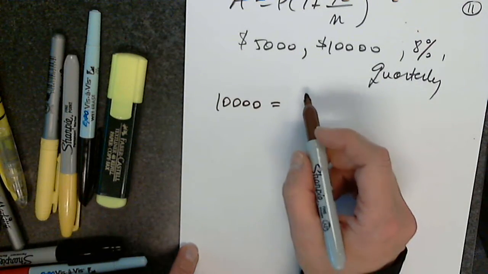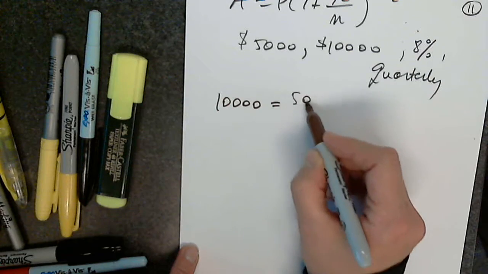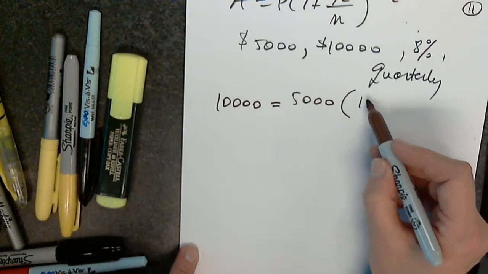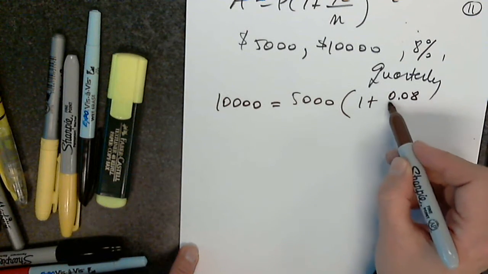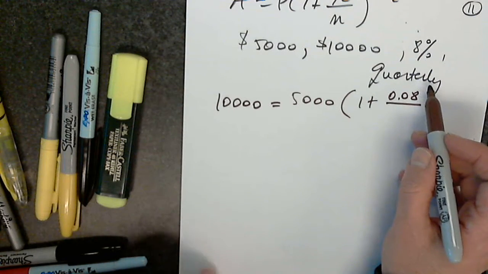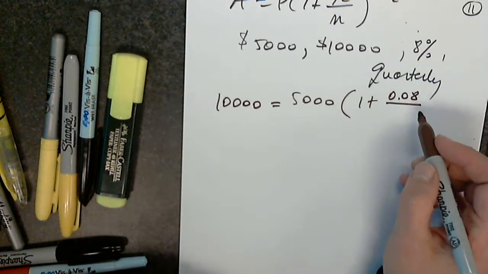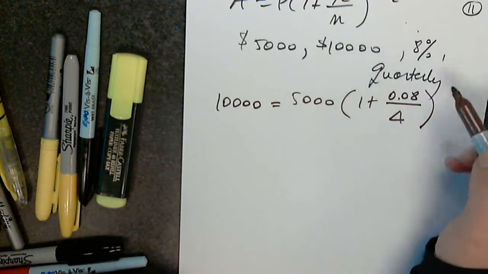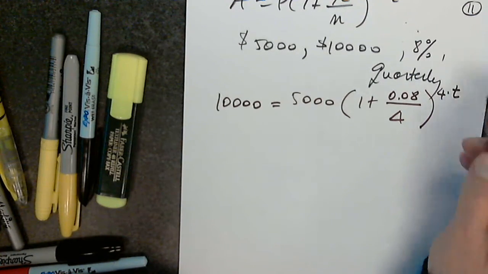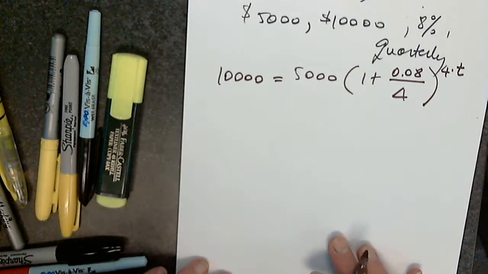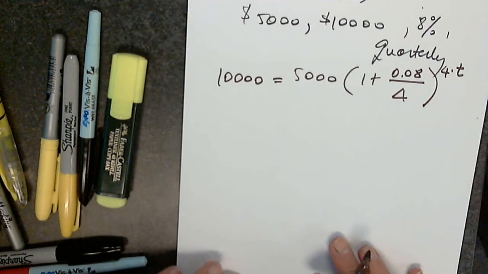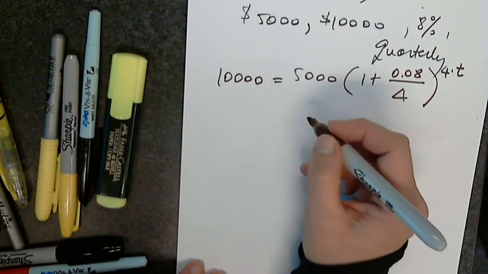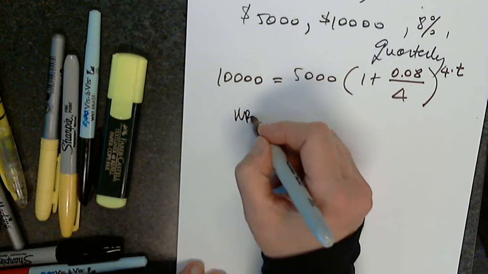Equals 1 plus 0.08. Interest compounded quarterly means how many quarters are in a year, correct? And raised to, n is the number, yes, 4 times t, right? Unknown, how long it takes. And I'm going to say, wrong problem.